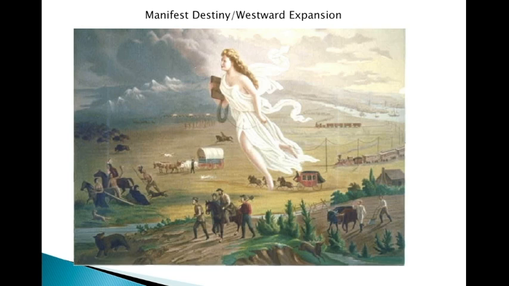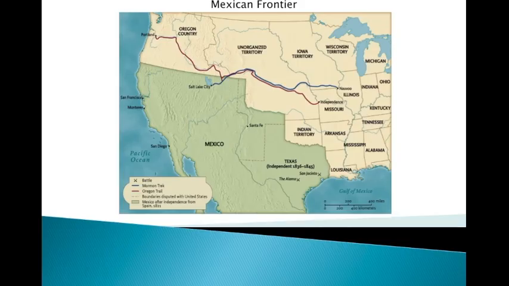During the 1800s, there was an expansionist spirit among American settlers. In the 1840s, a major part of American politics was slavery because of territorial expansion. Part of that territorial expansion included the Mexican frontier.